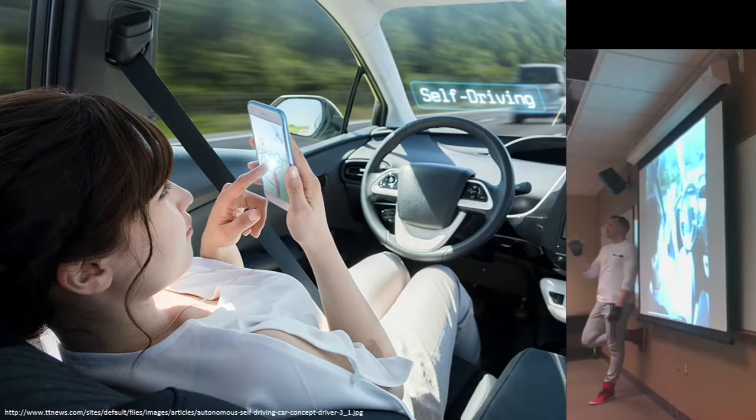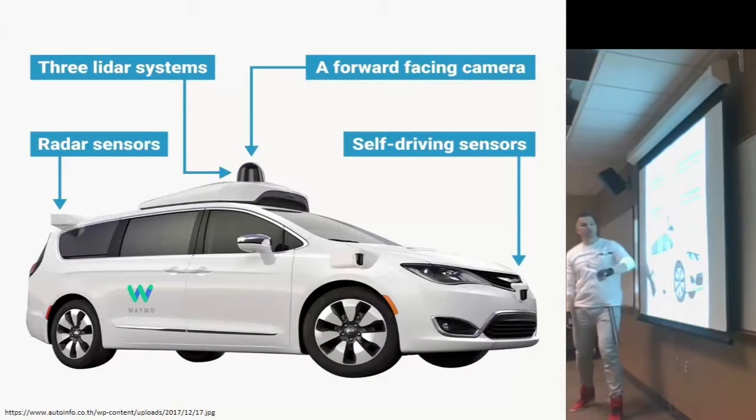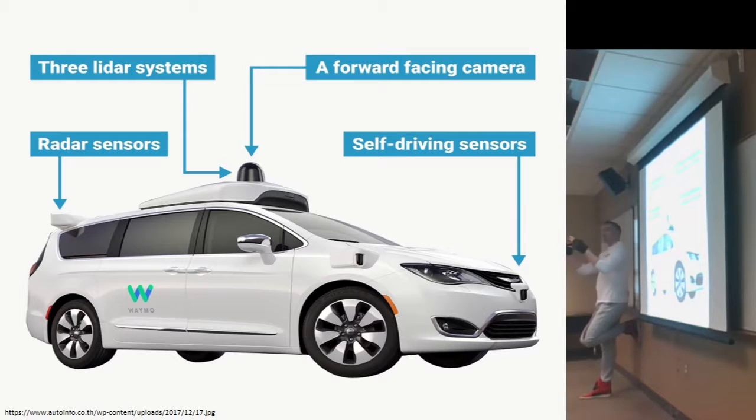If that car navigates that environment correctly, if it stops at the stop signs, if it doesn't run over the pedestrians, if it doesn't jump the curb, then the input network that comes in through the driving sensors and the forward-facing cameras has those connections to the output network: pedal on the brake, pedal on the gas, turn left, turn right, turn signals on. It links inputs to those different outputs.